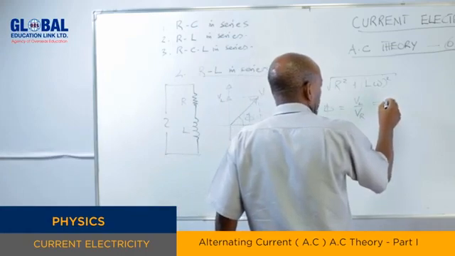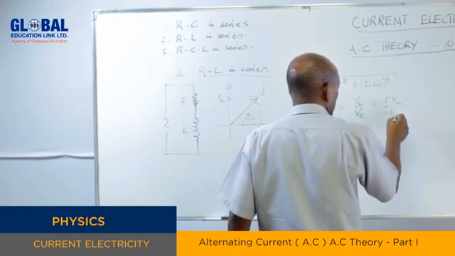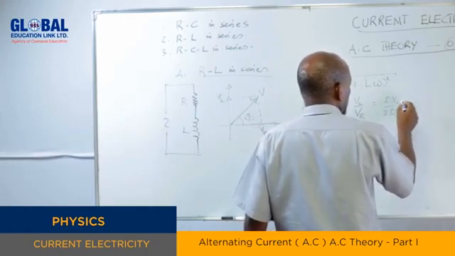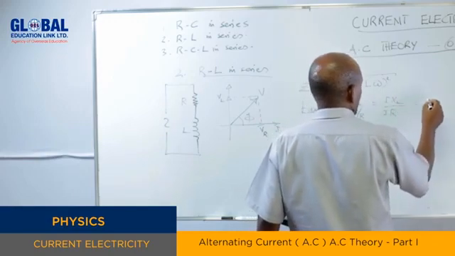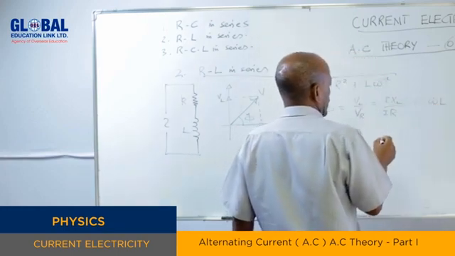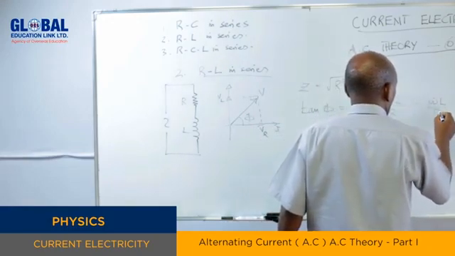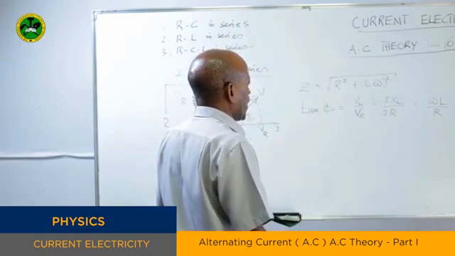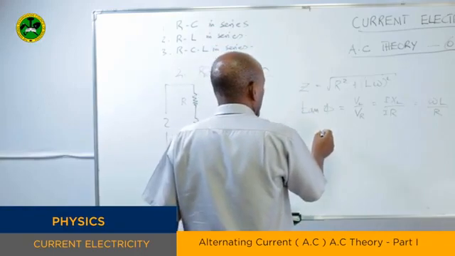For an inductor this is equal to I times the inductive reactance, and for the resistor it is I times R. So you will find that, for an inductive reactance, this is equal to omega L. We'll be getting omega L over R, and you can determine the angle.